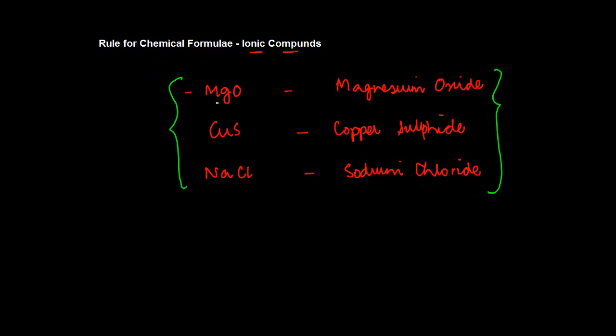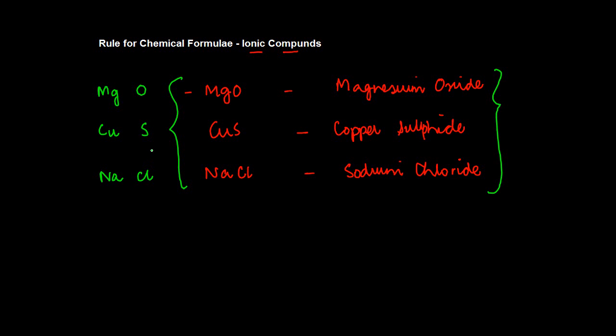If I talk about magnesium oxide, it has two things: one is magnesium and the other one is oxygen. Similarly, copper sulfide has copper and sulfur. For sodium chloride, you have sodium and chlorine.